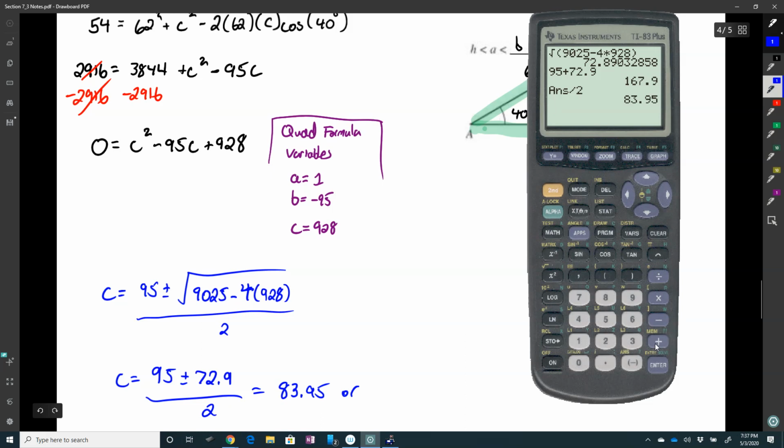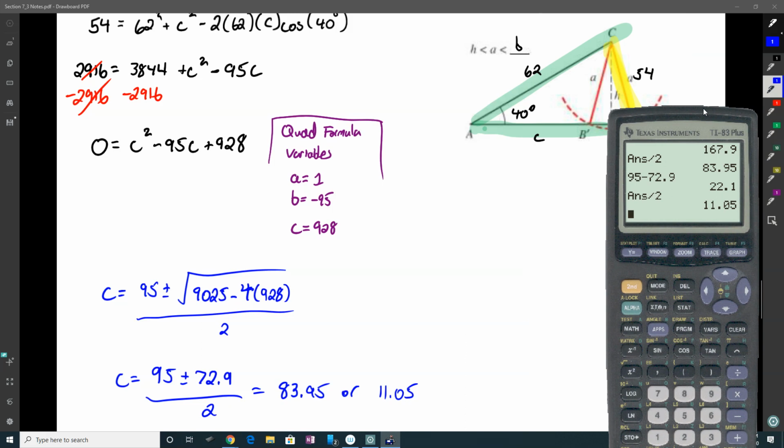Or 95 minus 72.9 divided by 2, and 11.05. Notice that these are pretty much the same thing. I guess I'll round it up. 83.4, 11.1.